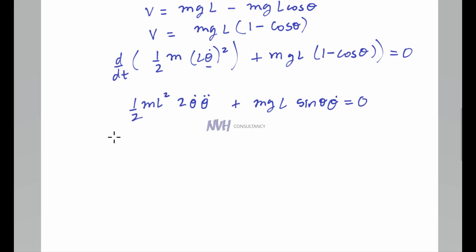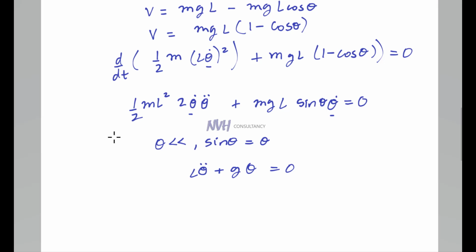Again, if theta is very small, then sine theta will be equal to just theta. Since theta dot is not equal to 0, the rest of the terms will be 0. So what you will end up with, after simplification, is L theta double dot plus g theta equals 0.